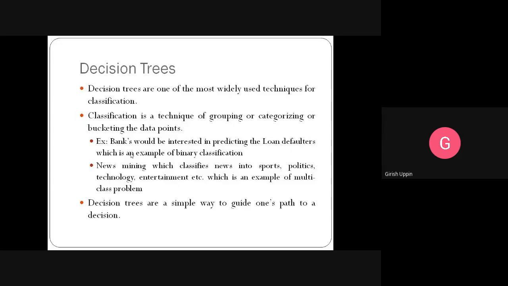If the result comes as potential defaulter no, then the bank would be interested in further pursuing with that consumer to provide the loan.